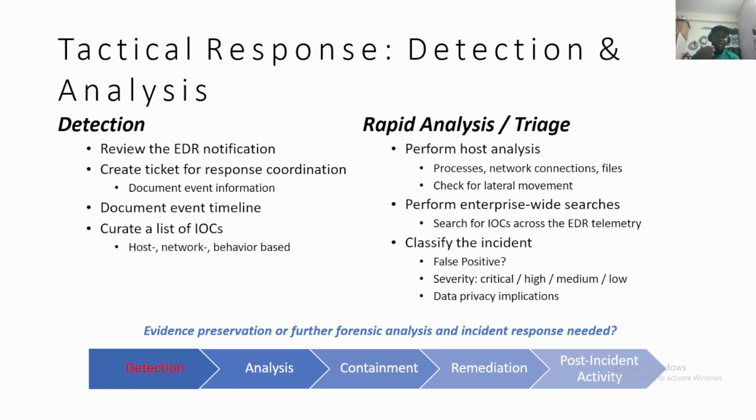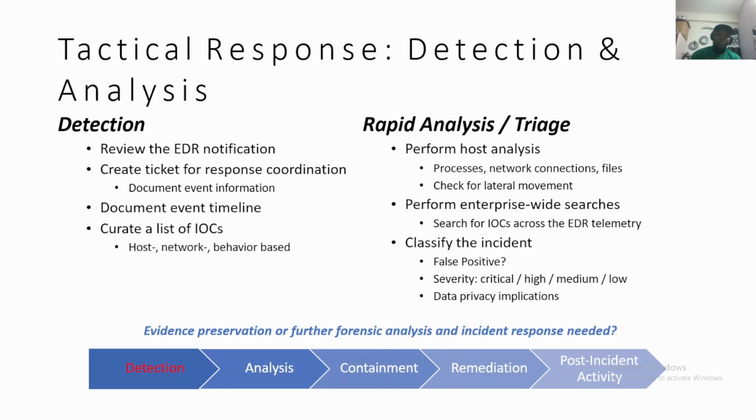Okay, and now you can classify the incident to see: is it a false positive, is it a true positive, and what is the severity? Is it critical? Is it high? Is it medium? Is it low? And keep in mind that you may have some data privacy implications.